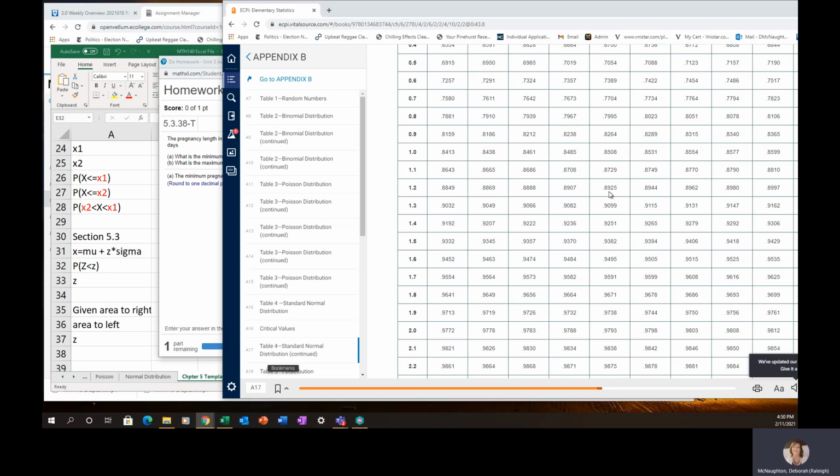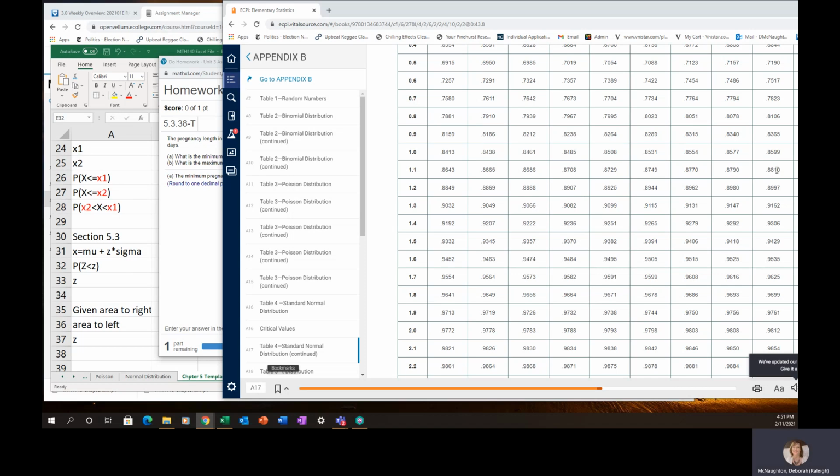I would go into the middle of this table and find where the area is 0.88, which is halfway in between these two values. So that is 1.175.